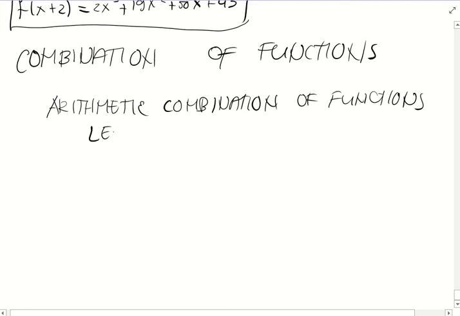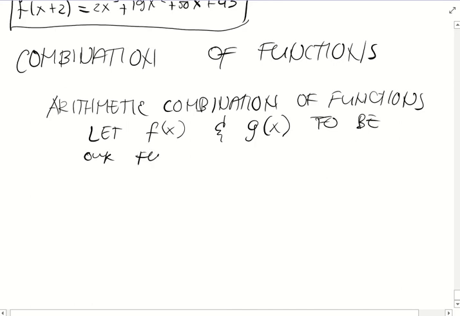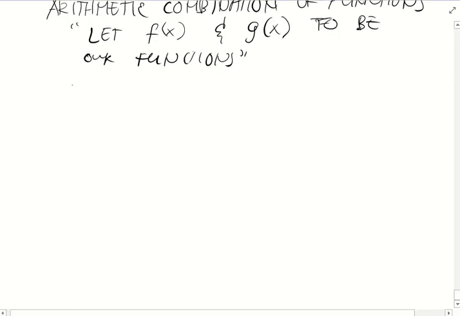So let f of x and g of x be our functions. So if f of x and g of x are functions, then these are some properties of arithmetic combination.